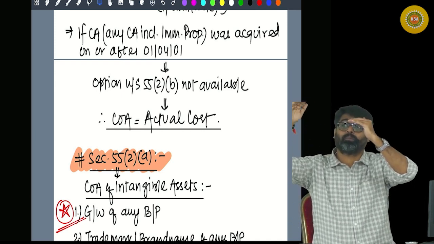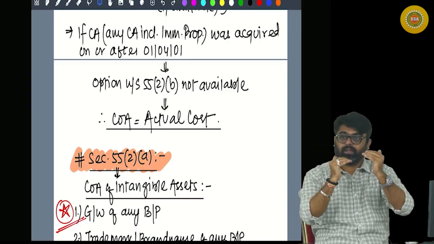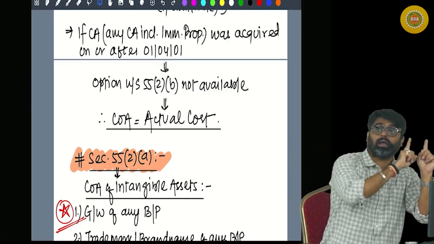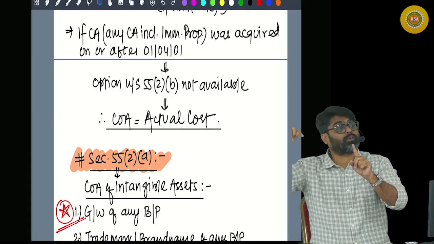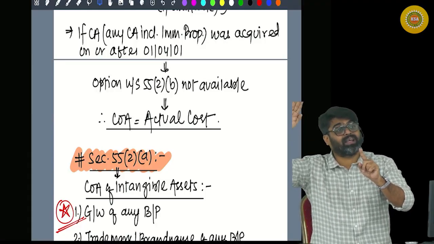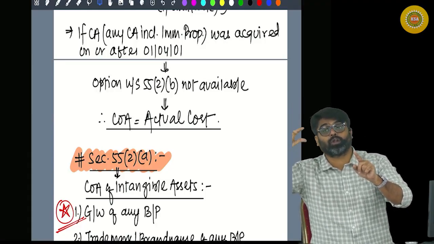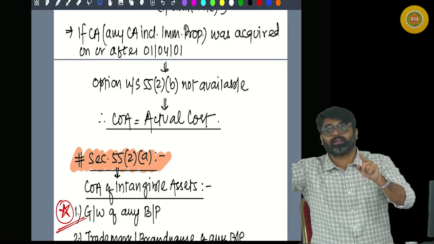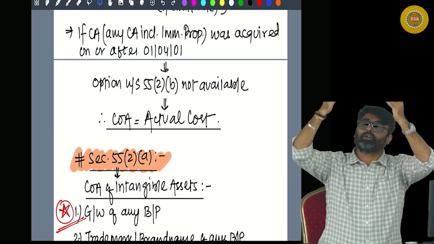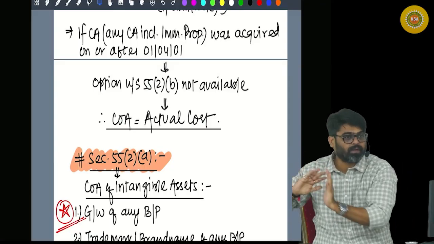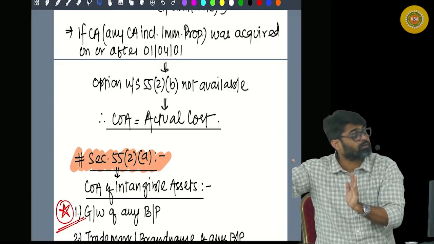Now, immovable property: actual cost or fair market value, whichever is higher, but the fair market value should not be more than the stamp duty value. Yes or no?